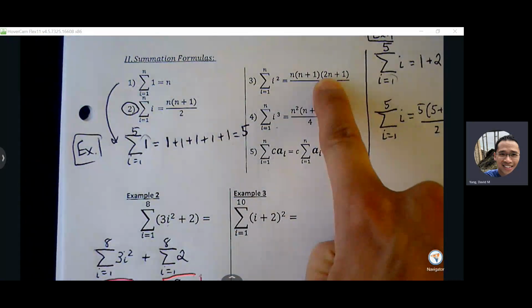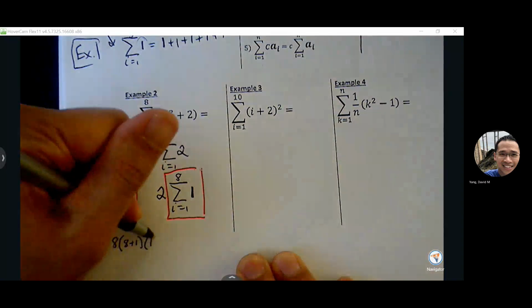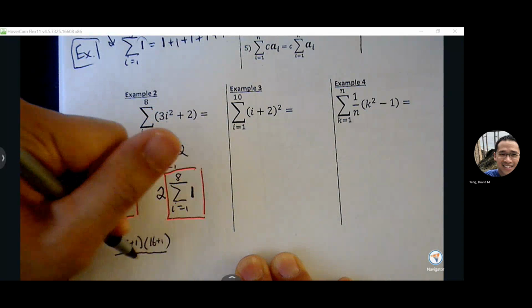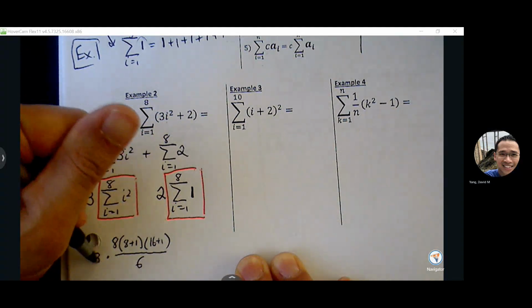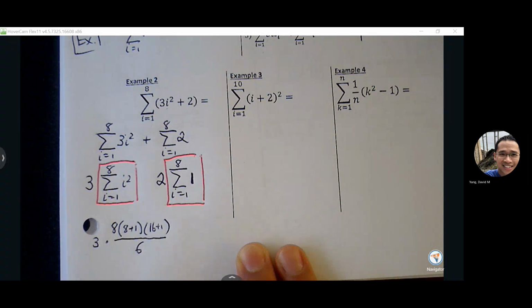So that's just going to be 2 times 8, which is 16. 16 plus 1 is 17, all over 6, with a times 3 in front, right? That 3 is just going to multiply through my term.